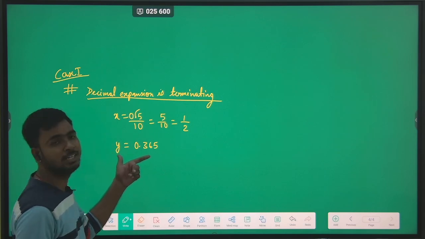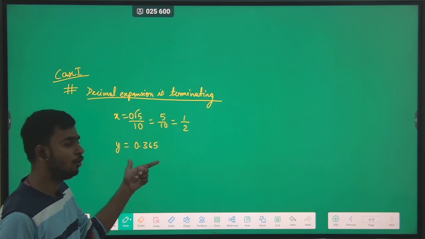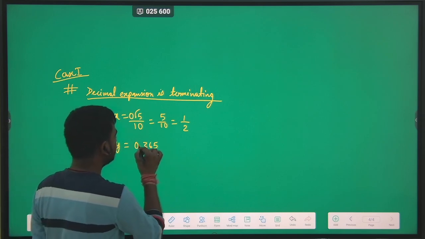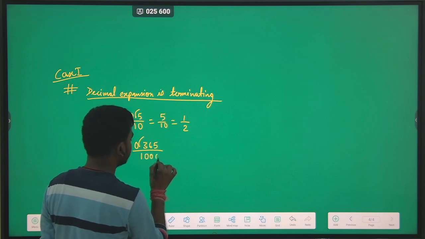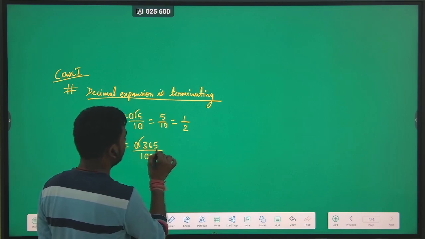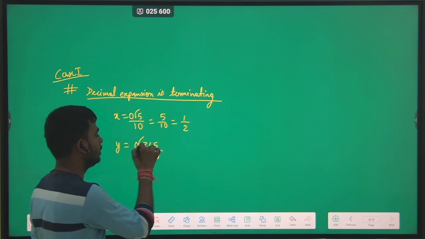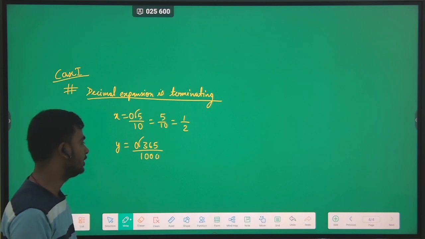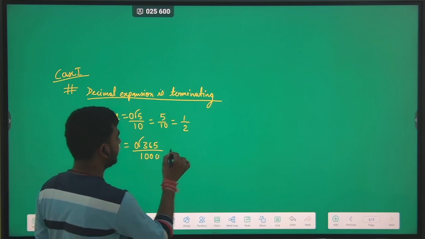We will simply divide the number like this. After the decimal we are having 3 digits, so on removing this decimal, we will get 10 to the power 3 in the denominator.